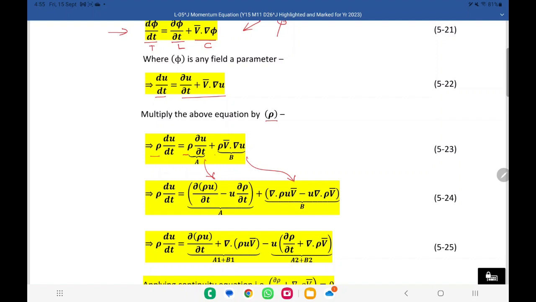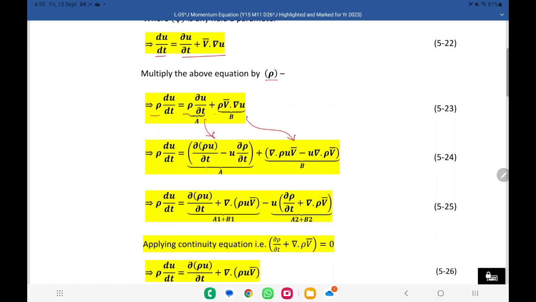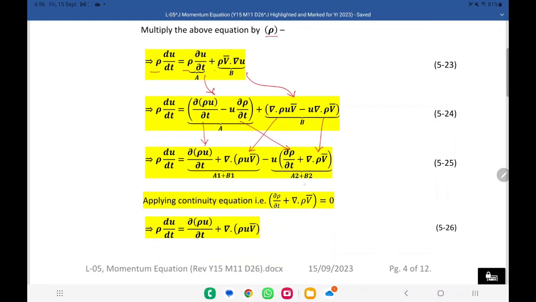Now then what I do, I take this term and I take this term and this term here and this term here. First from A, first from B, add it up. Second from A, second from B, add. Now this term is what? Continuity equation. Del rho by del t plus divergence of rho v equal to 0. So this term will go away. What is left to you is this.